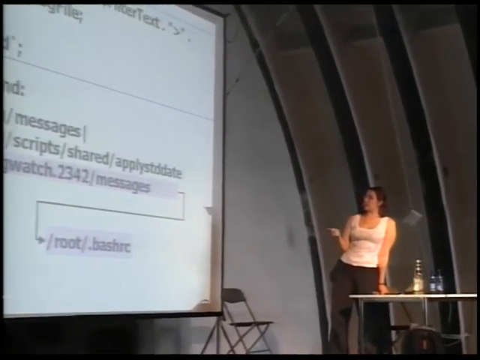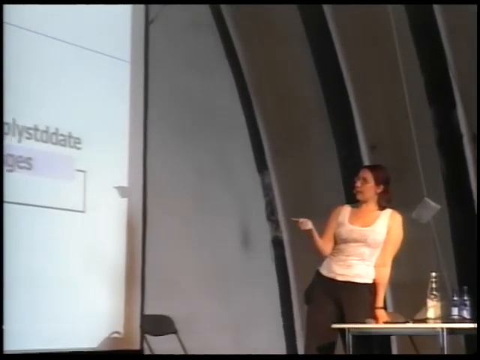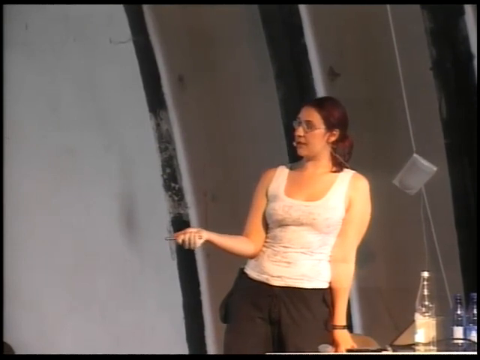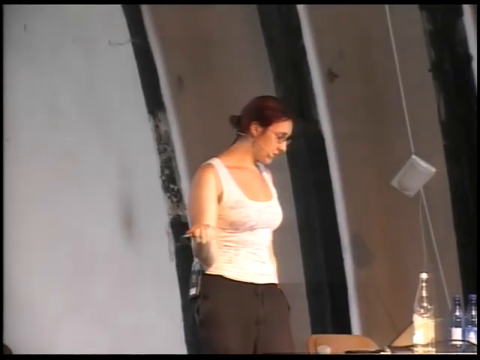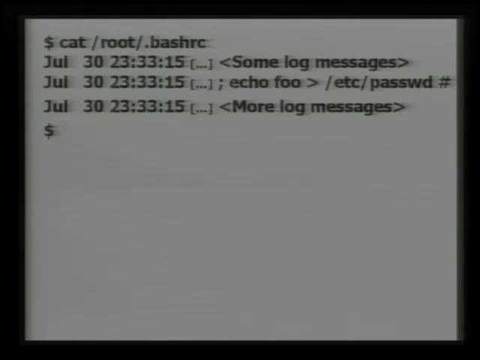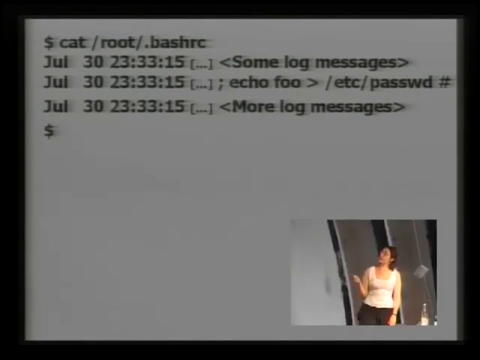So what happens? The log messages from that log file get written into root's bashrc. So all you have left to do is just get something logged that's actually a valid shell command. Like that. You can try to execute such a log file. It will do exactly that.